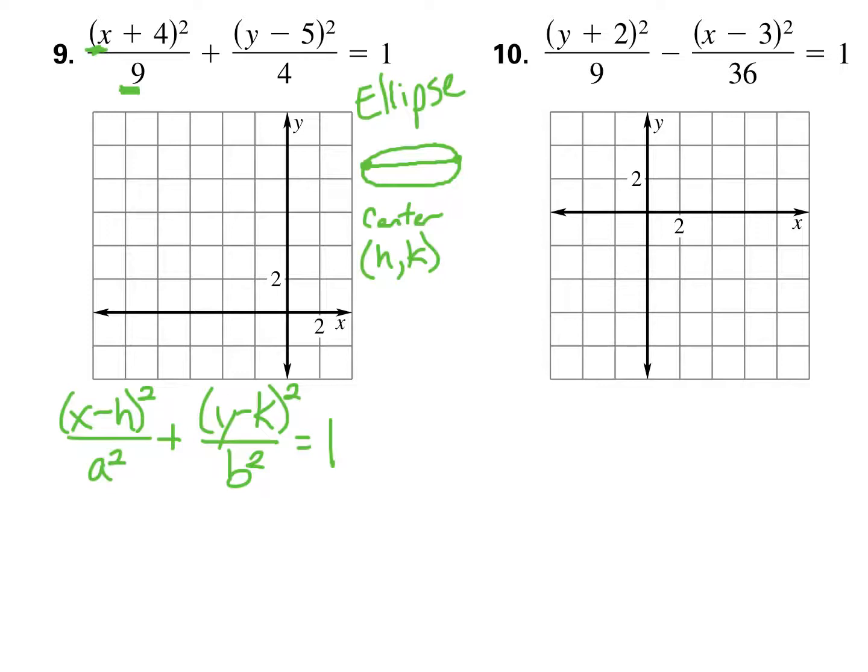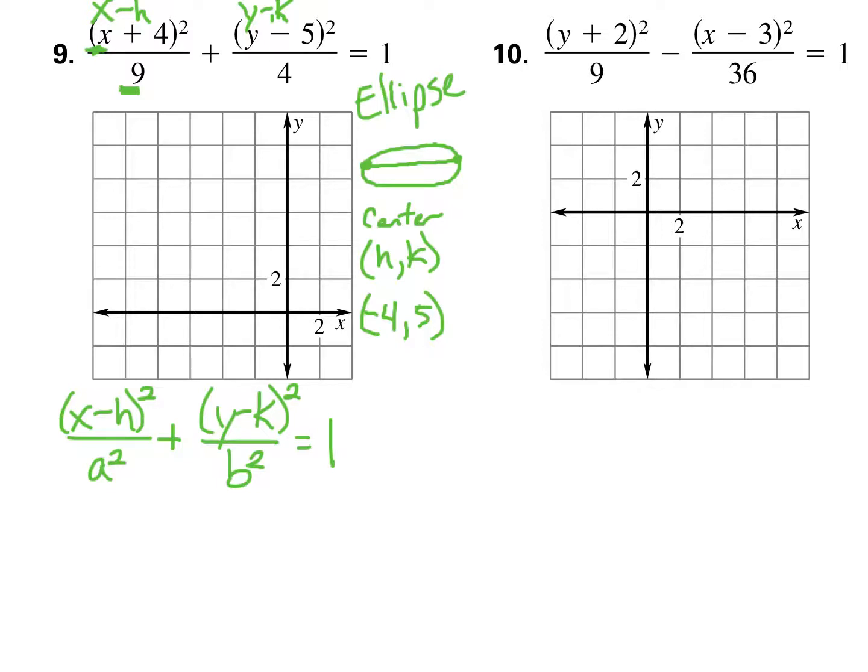So based on the information that we're given, if we're given x plus 4, that means x minus h means that h is negative 4. Okay, it has to be the opposite of whatever that sign is on the inside. And then y minus k means that if we have y minus 5, then k is 5. Okay, so our h comma k, our center, is negative 4 comma 5.